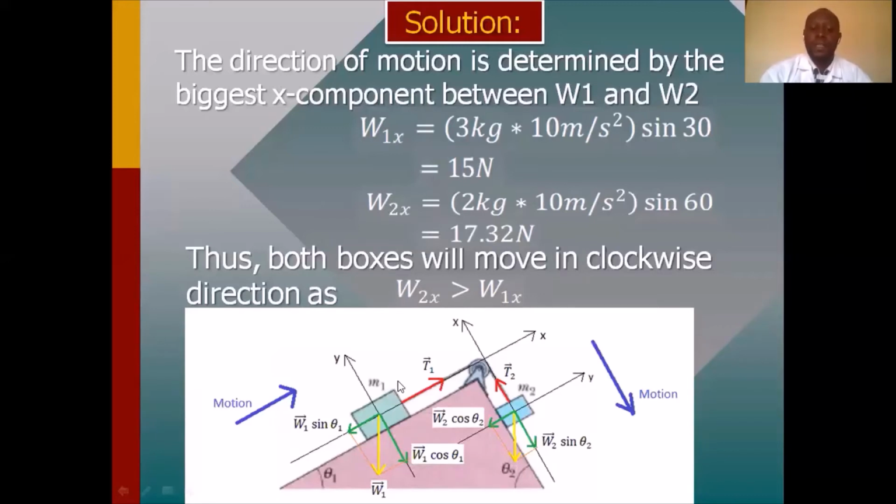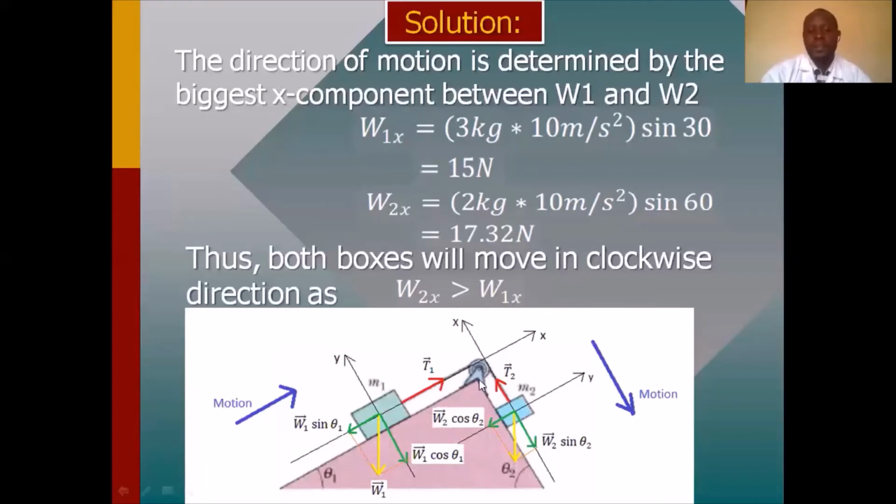Now, tension 1 is equal to tension 2 because the pulley is frictionless and massless. Also, acceleration A1 is equal to acceleration A2 because the two masses are connected.